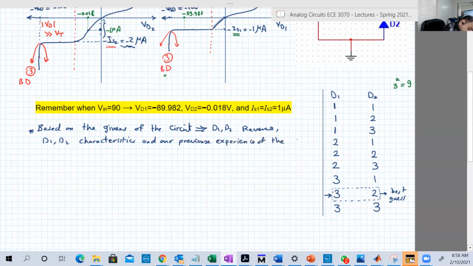of the circuit at V input equal to 90 volt.